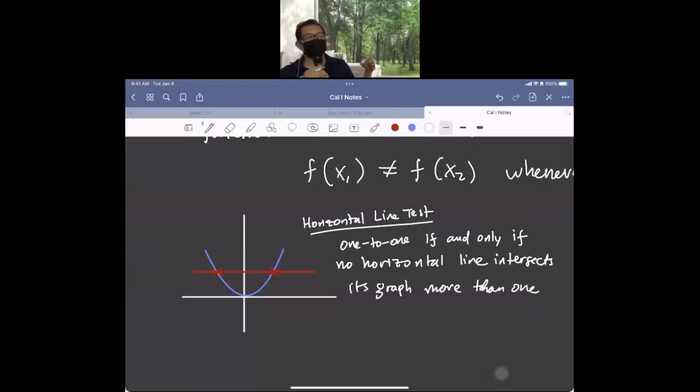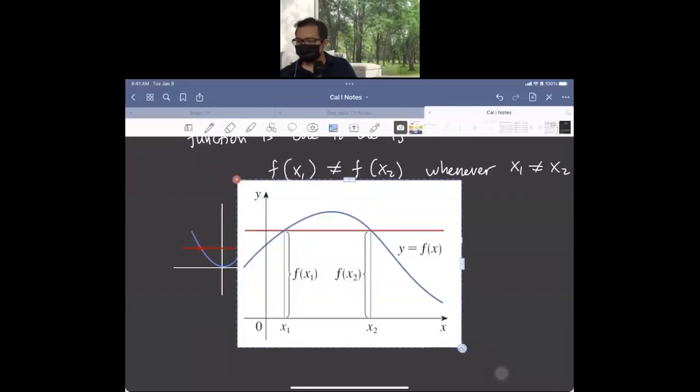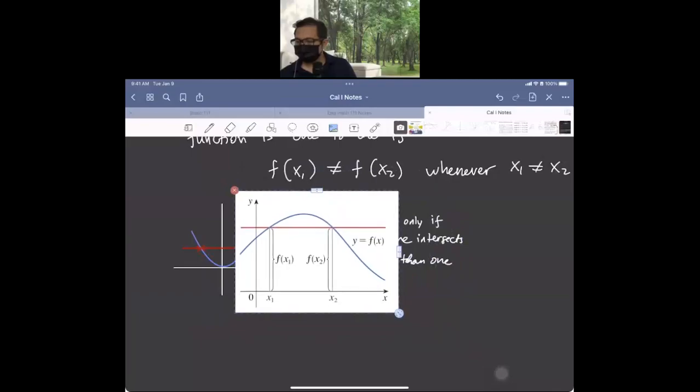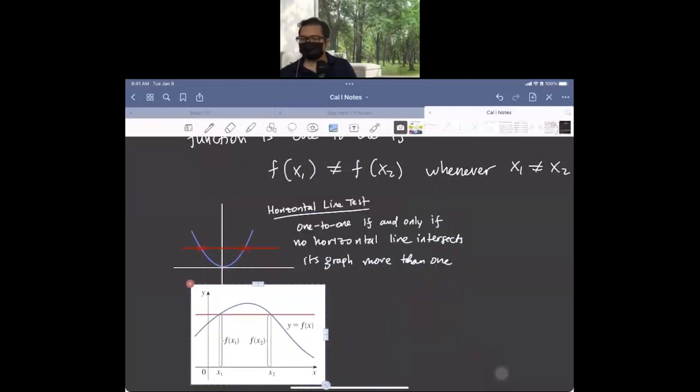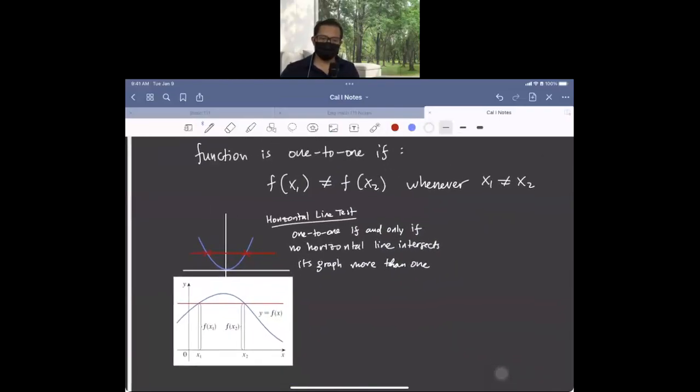Or you can write it will be not one-to-one if they intersect more than once. Okay. Or if we draw more clear here, okay.